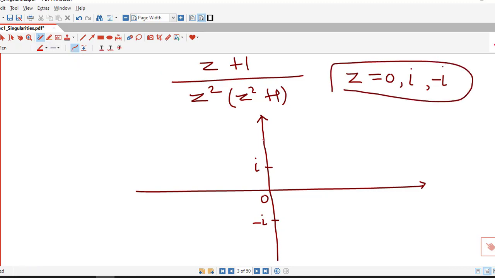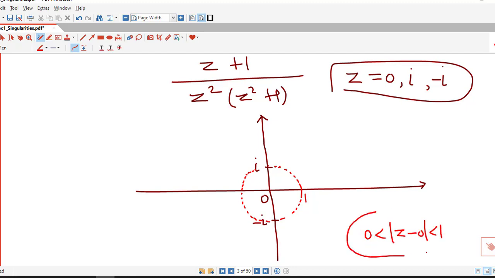So suppose I consider this neighborhood of z equal to 0. First I consider this neighborhood. This distance is 1, so that means 0 less than absolute value of z minus 0 less than 1.